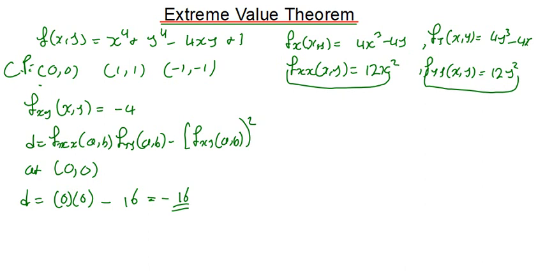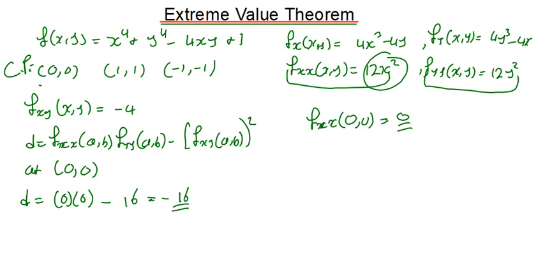So now, what is our f_xx at the point 0 comma 0? Here we have 12. You substitute with 0, and you're going to have a 0 there.